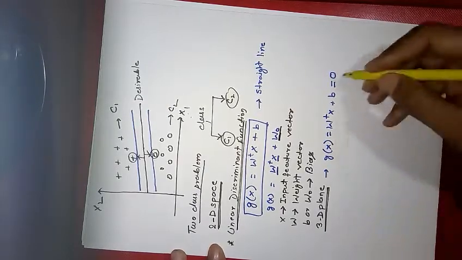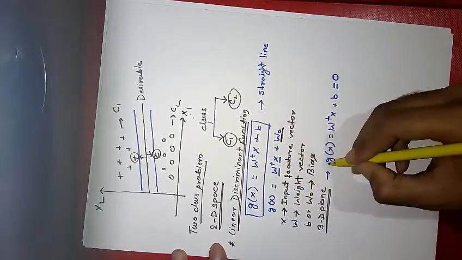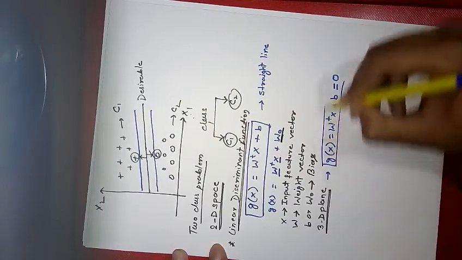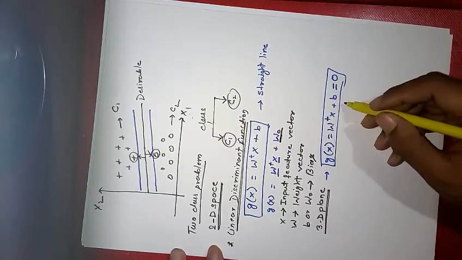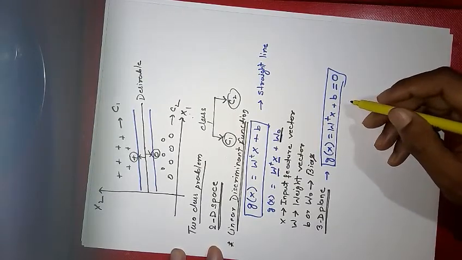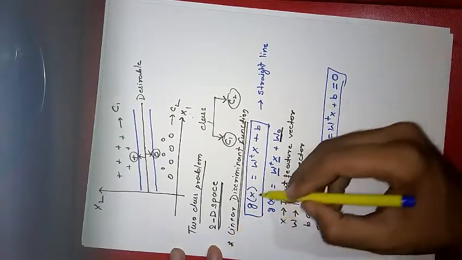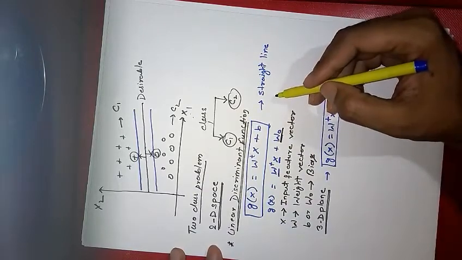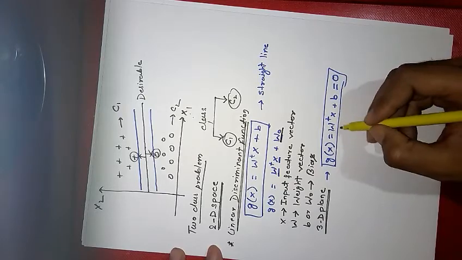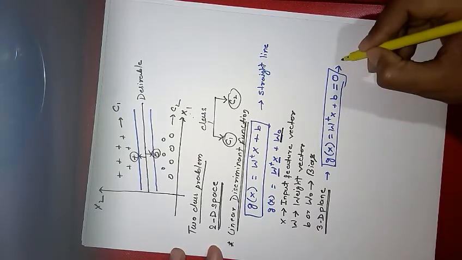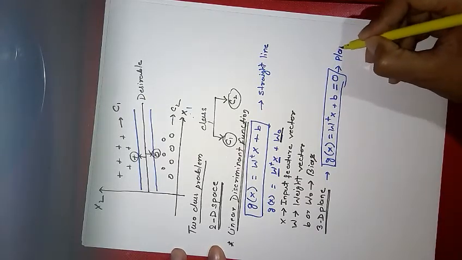Then it will be the linear discriminant function in 3D plane, and we know what is w, what is x, and what is b. So in 2D plane this equation is basically a straight line, but in 3D plane these equations represent a type of plane.